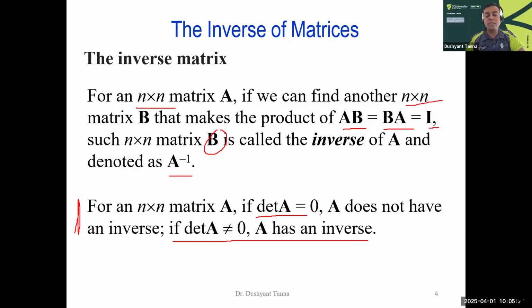If it is non-zero, yes, you will get an inverse, but if it is 0, it does not have an inverse. So rather than going through the tedious process of finding the inverse, the first step is to find the determinant of the matrix given. If it is non-zero, we say yes, the inverse exists, and this is the process of finding it. If it is 0, we stop there, because it's 0, the inverse does not exist.